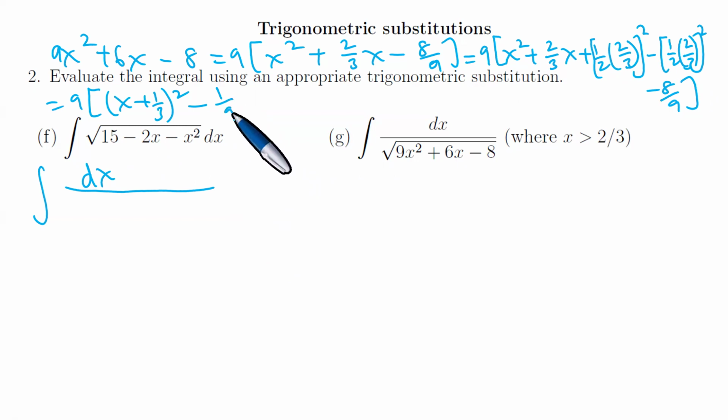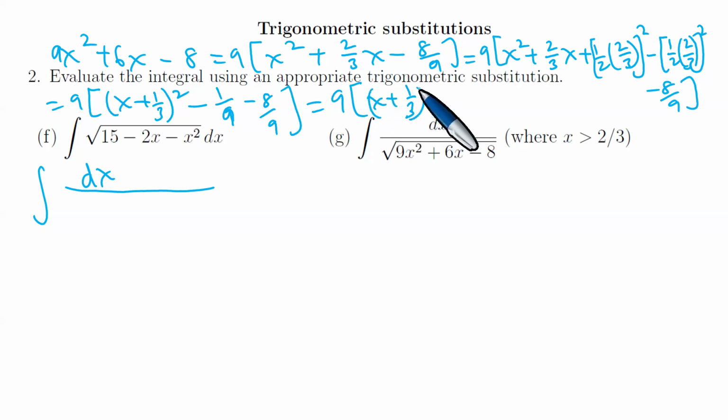It becomes 1 out of 9, minus 8 out of 9. x plus 1/3, squared, minus 9 out of 9, which is minus 1. Okay? And therefore, now you can multiply through. Okay, it's okay like this. Perfect like this.